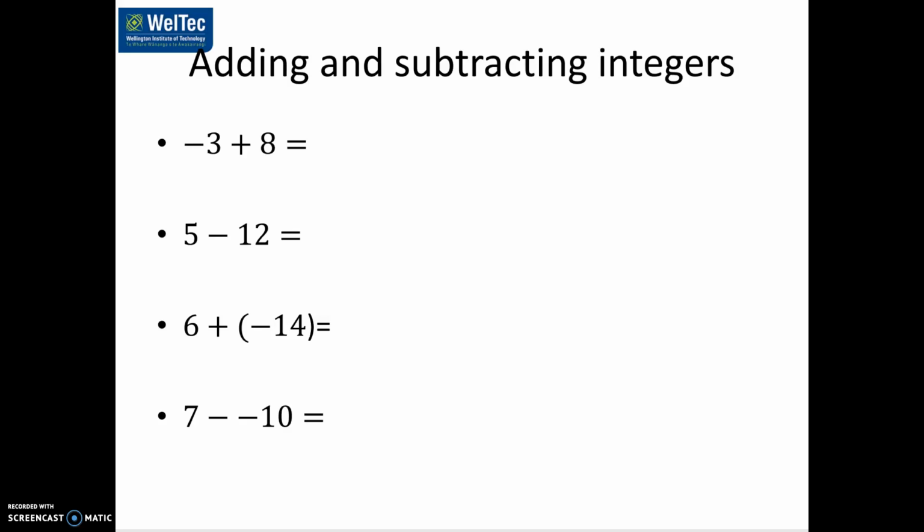The second integer tells you how far to go from the starting point. So this one you would start at -3, and then you would go 8 units to the right, and then you'd end up at 5. Now, I know you can do that in your head, but it's just a good idea to think about it on a number line for later on.